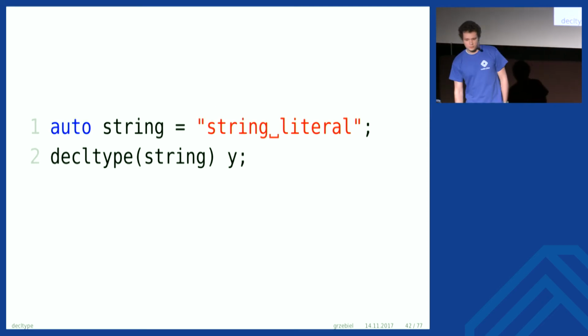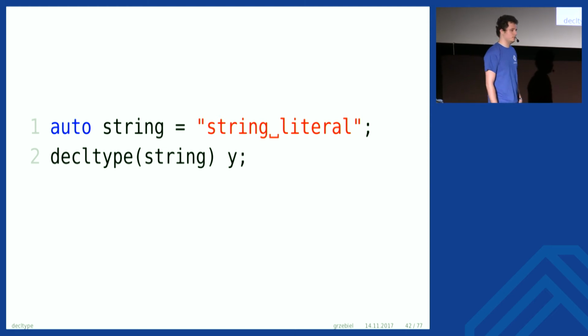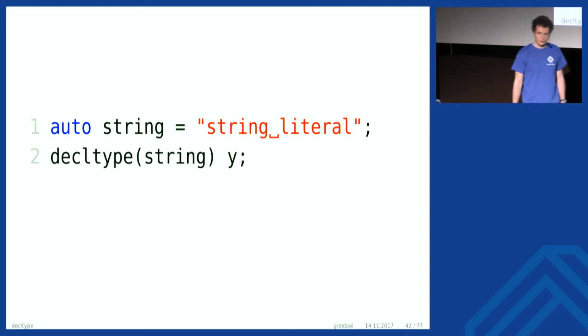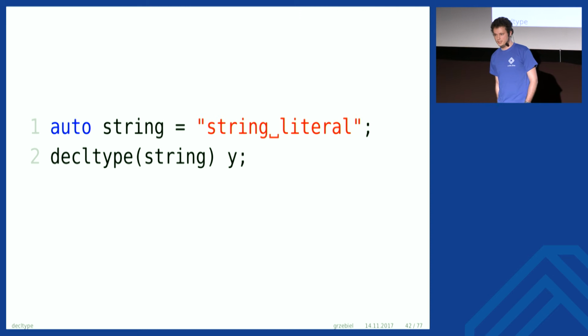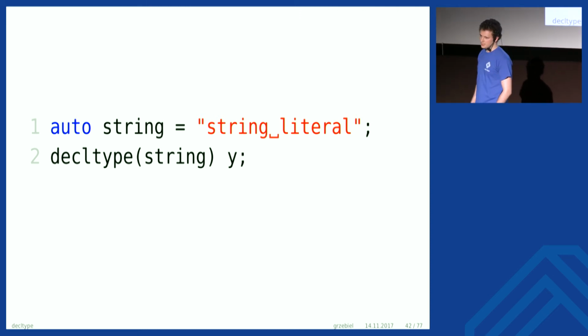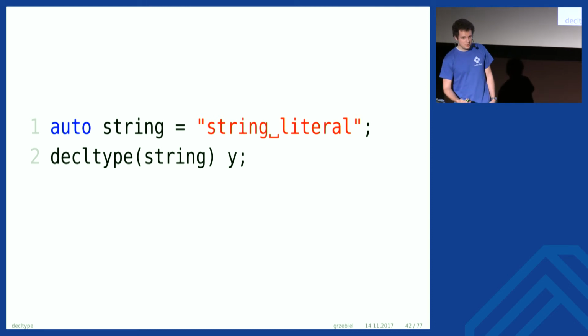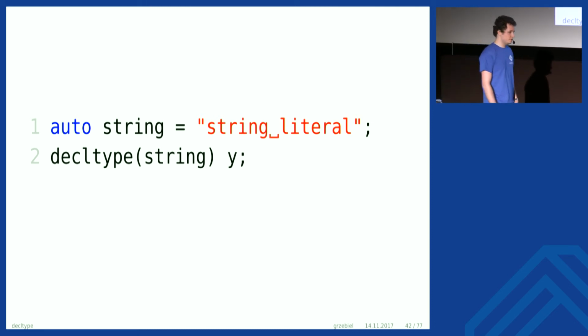Here we have, firstly, we are creating a variable of type const char pointer, because in template type deduction rules there is some weird thing called array to pointer decay, just to keep compatibility with C, and then we just deduce this type.